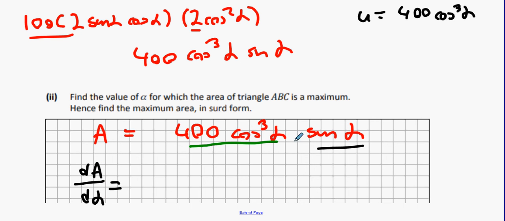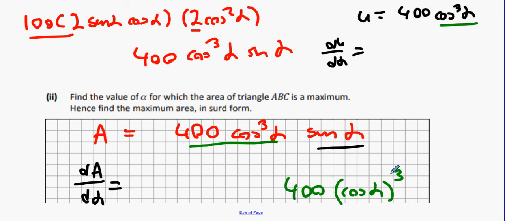Okay, now u is 400 cos cubed alpha, so du d alpha, it's a chain rule. It's 400 cos alpha to the power 3. Now the 3 goes to the front to make 1200.